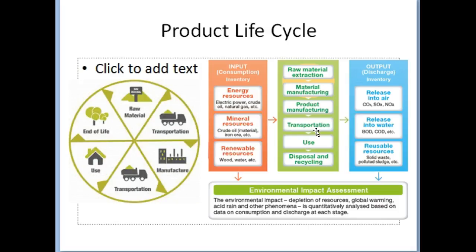The inputs and outputs are then grouped into impact categories, which are categories of environmental problems, and finally, by examining a product or service over its entire life cycle, proper decisions can be arrived at. The procedures of life cycle assessment are part of the ISO 14000 Environmental Management Standards developed by the International Organization for Standardization.